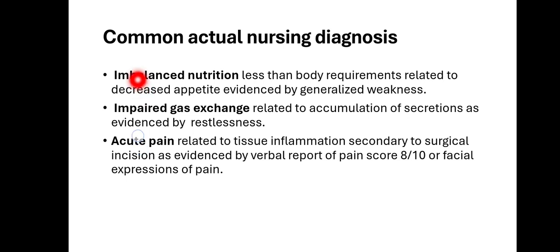So you now have evidence, and through clinical judgment, having seen everything, you can come up with imbalanced nutrition less than body requirements related to decreased appetite, evidenced by generalized weakness. These are actual, you have seen them.